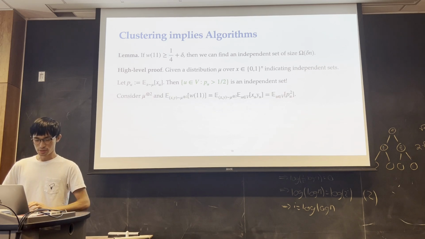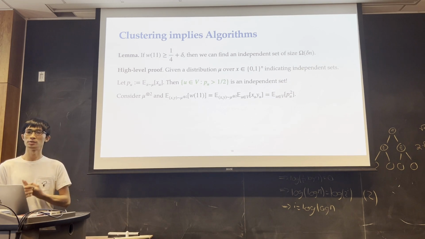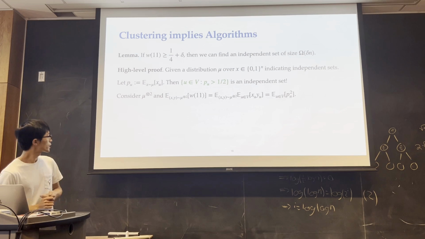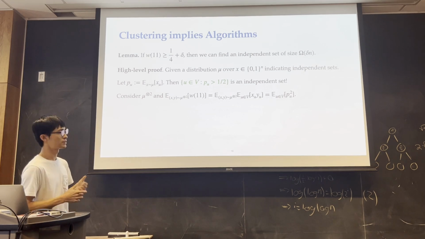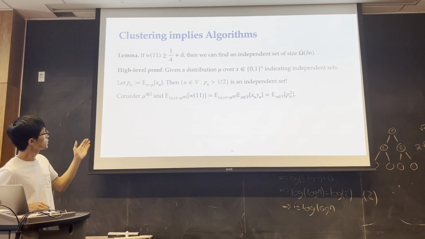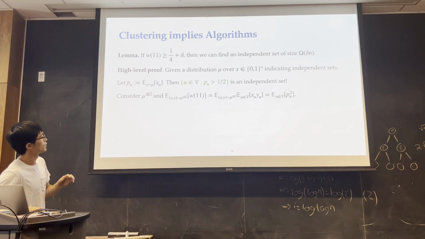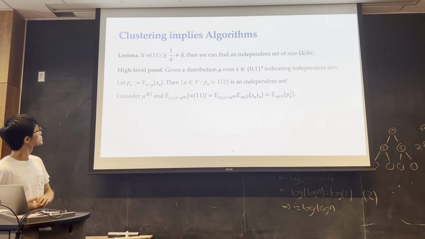Now we want to consider 2 samples from mu. So mu times 2 just means 2 independent samples. Then we look at the expectation over x and y sampled independently, of their intersection. We can write it out as the expectation over u of xu yu, and this is the expectation of Pu squared.